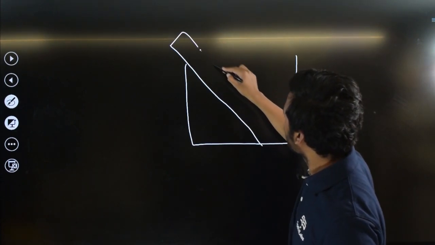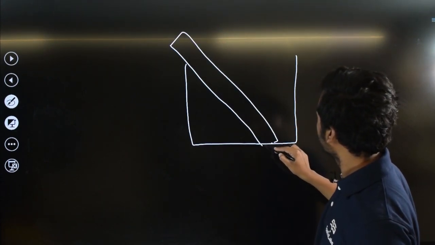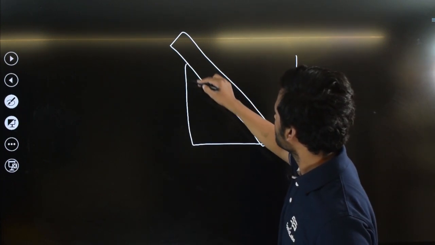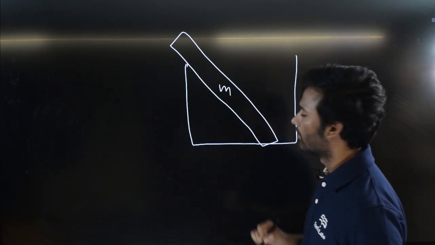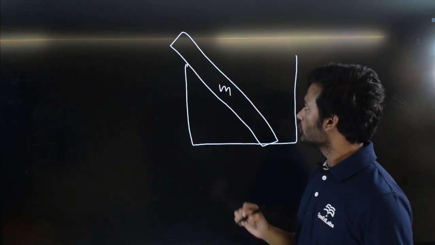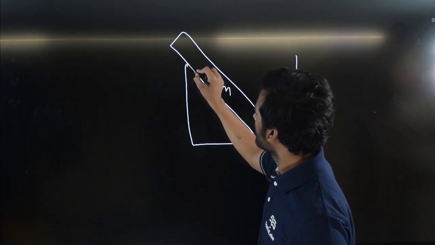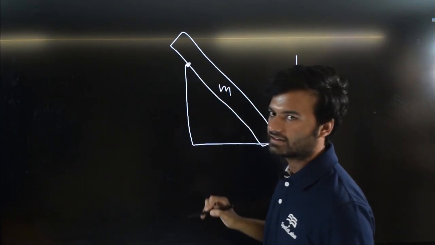This rod has a mass m. As you can see, at this particular point there is a contact.